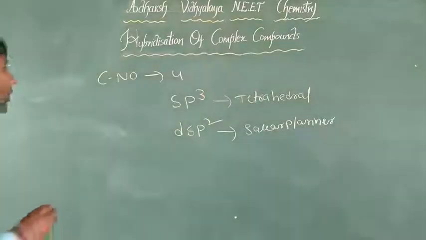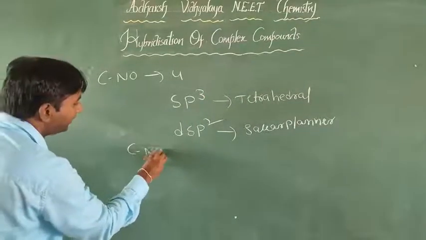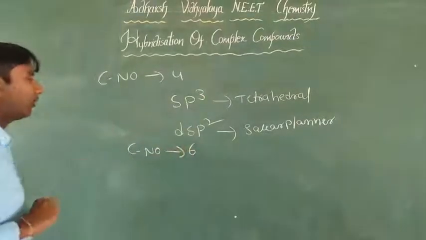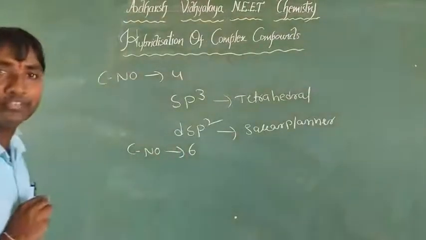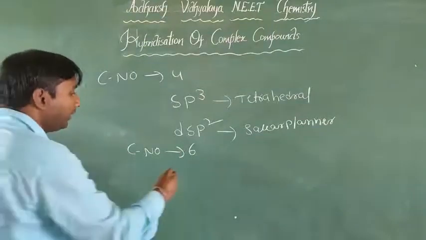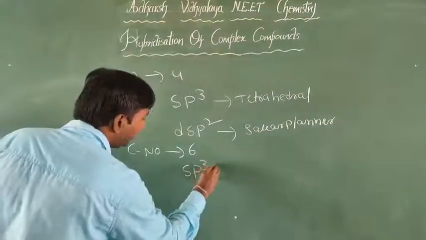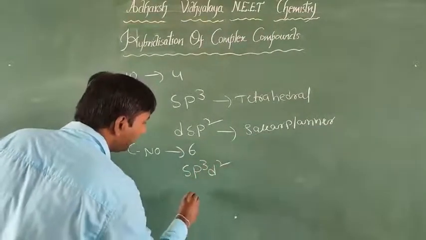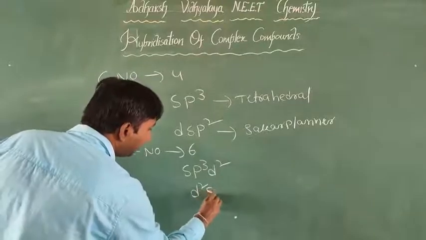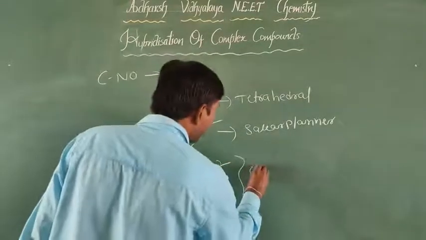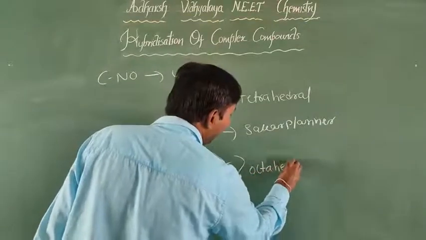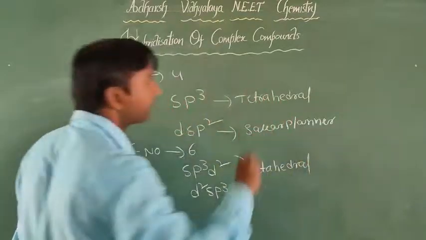Then coordination number 6 has two types of hybridization, sp3d2 and d2sp3. Both have octahedral geometry.